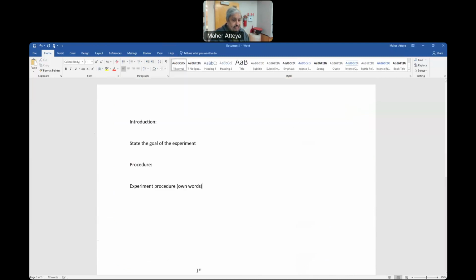So you just type here what the procedure is: measuring a distance using a ruler in a metric unit or scale. That's one. Then what you did, you measured the volume, measuring volume of different graduated cylinders.